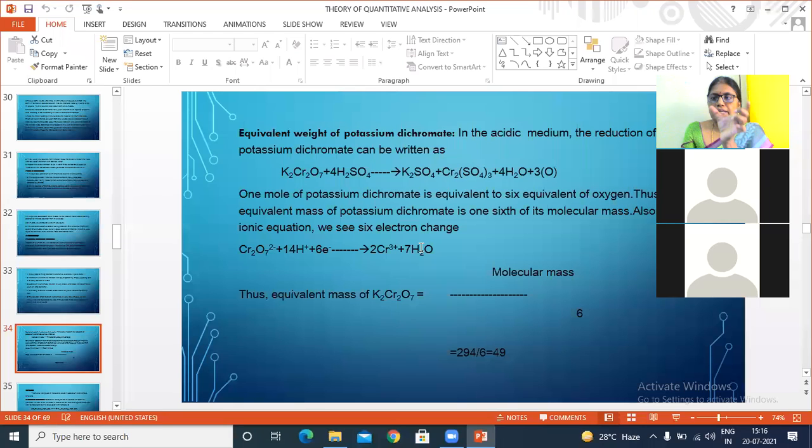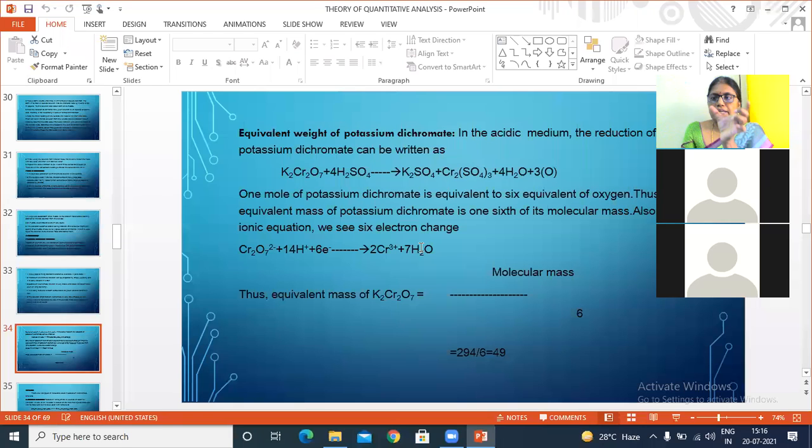Simply, how can we find the equivalent weight for a particular substance, whether it is a salt, acid or base? First, we should find out what it is. If it is involved in a redox reaction, then we have to find out what substances are going to be formed.